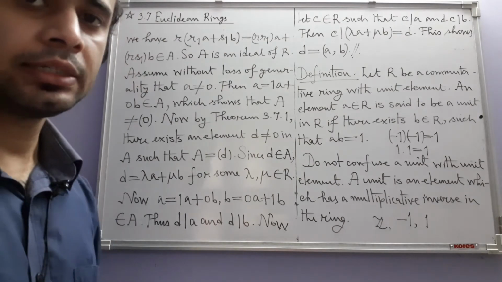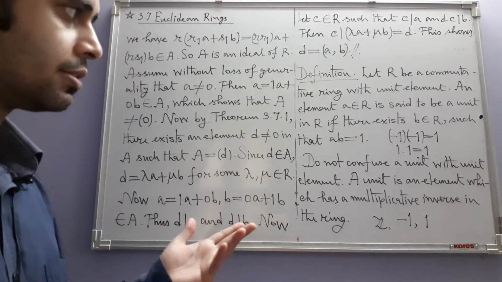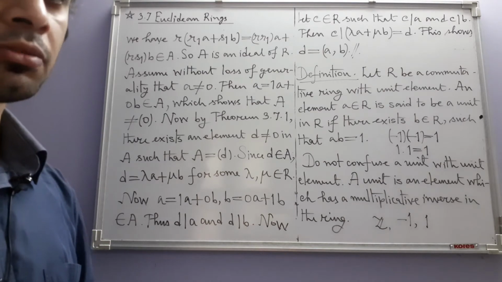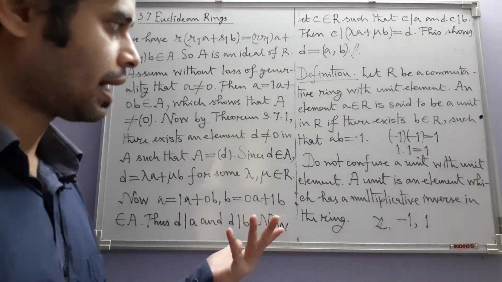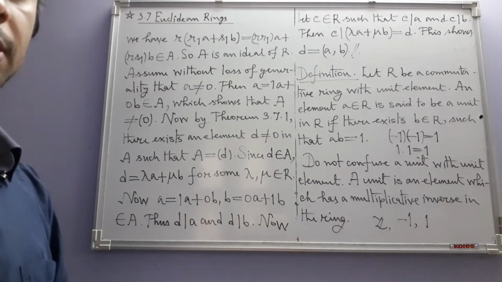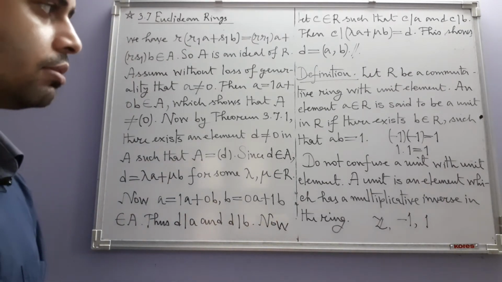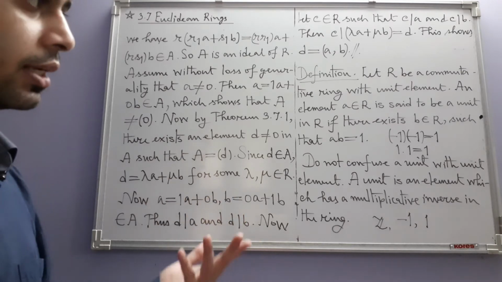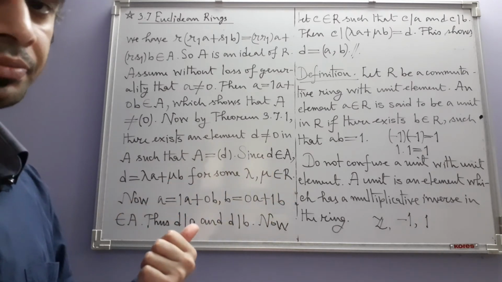No other integer is a unit. That's because if you try to take the so-called reciprocal of an integer other than 1 and -1, then that is not an integer, it becomes a rational number. For example, if you try to take the multiplicative inverse of 2, then it becomes 1 by 2.